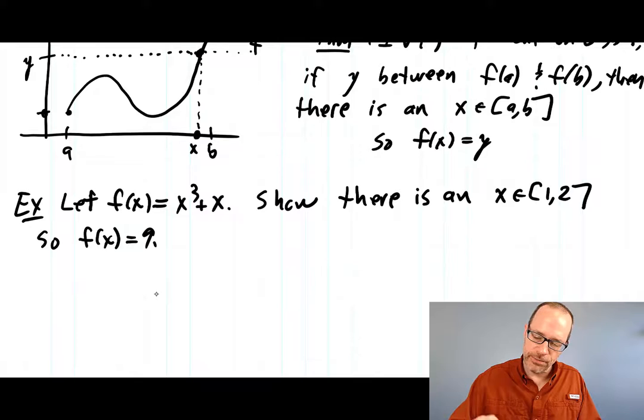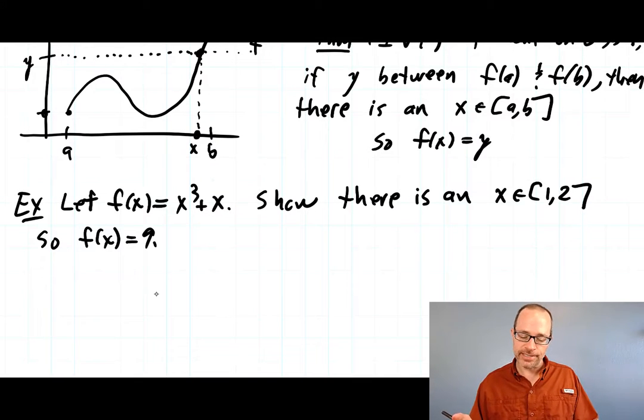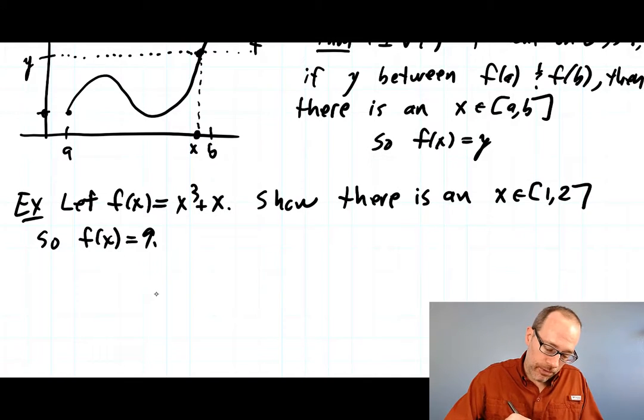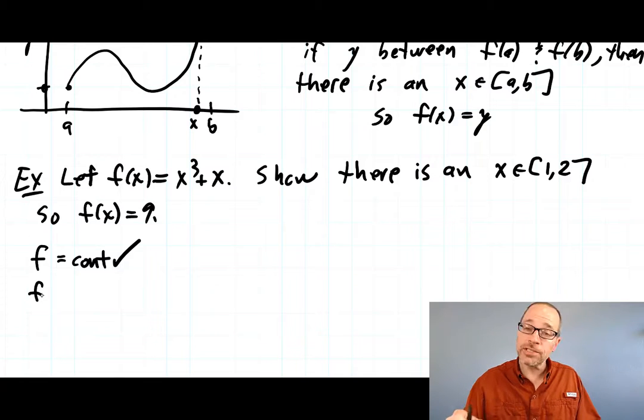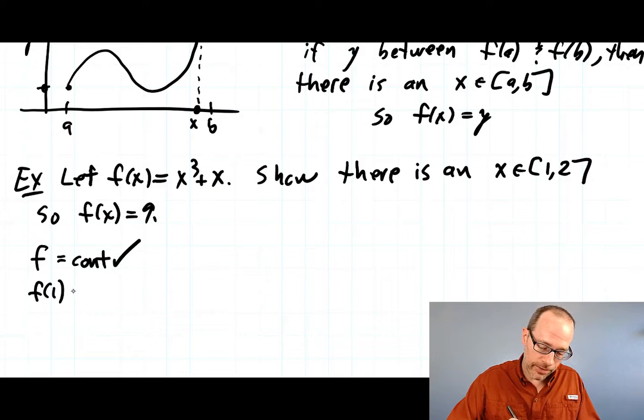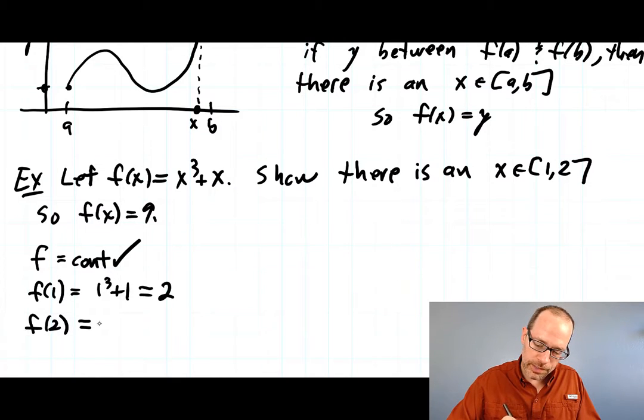Is there an x somewhere between 1 and 2 so that f of x is 9? Well, first of all, f is continuous, right? It's made up of continuous pieces. And then we calculate the starting and ending points. f of 1 is 1 cubed plus 1, so that's 2. f of 2 is 2 cubed plus 2, so that's 10.